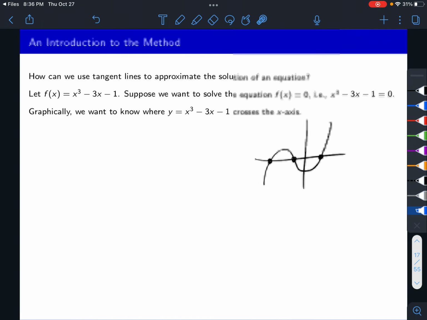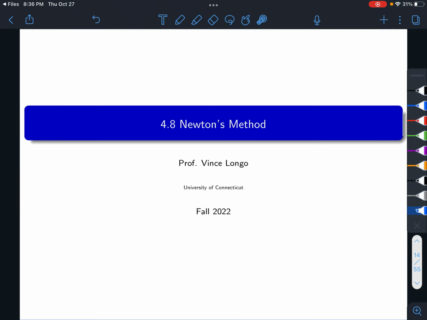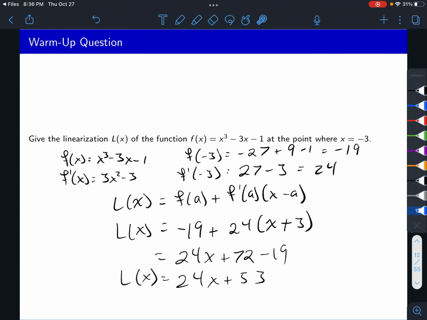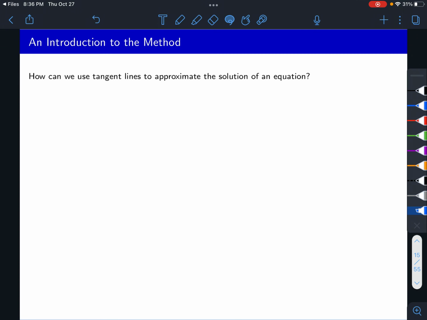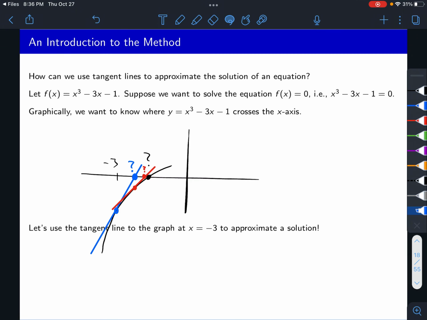Okay, so let's actually see how this would work in this example. Before, we found the equation of the tangent line was this. So here's our tangent line at x equals -3. We want to know, when is this equal to 0? All we have to do is set this equal to 0 and then solve for x.